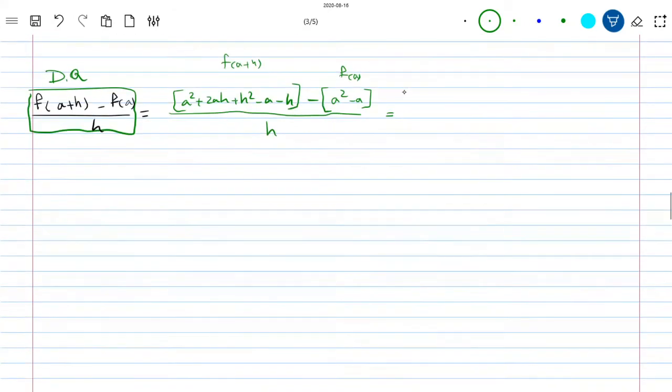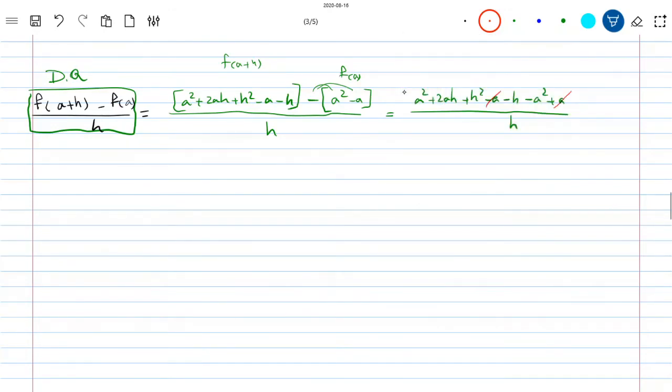Now distribute this negative sign and simplify. You would have a squared plus 2ah plus h squared minus a minus h minus a squared plus a, divided by h.